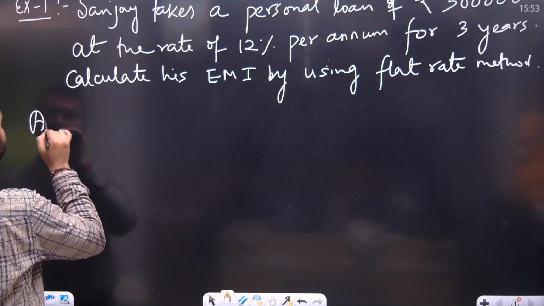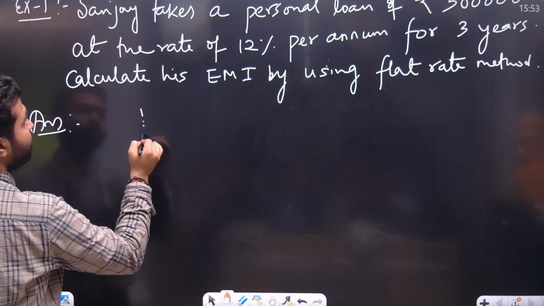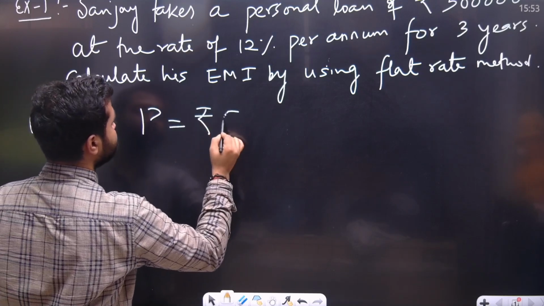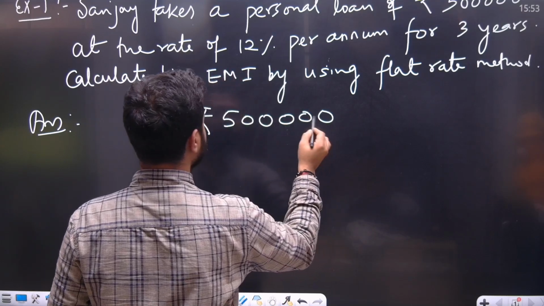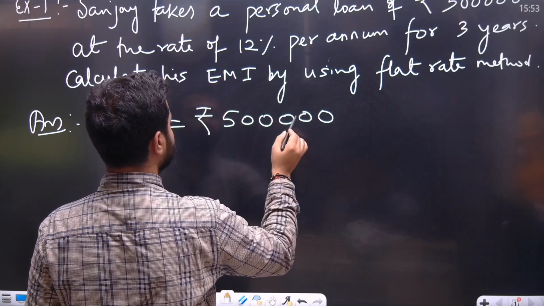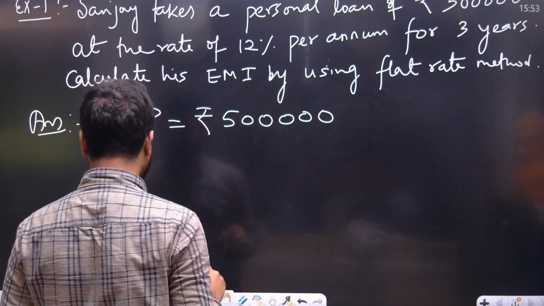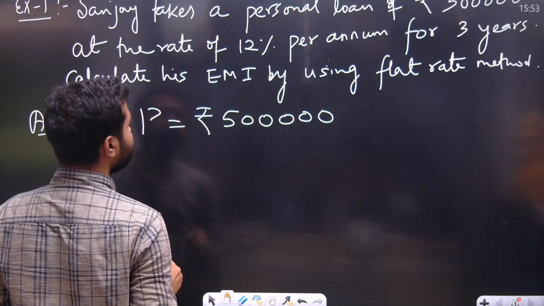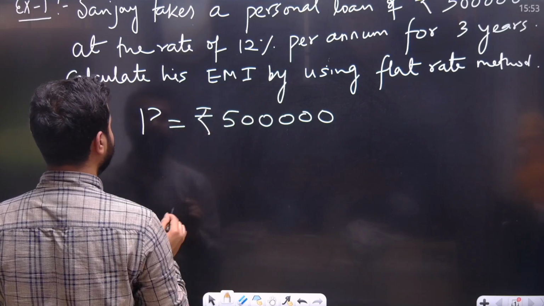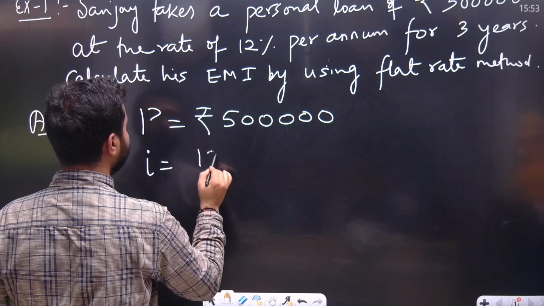Here the principal he borrowed is rupees 5 lakh. Interest is 12% per annum. So the value of I will be 12%.